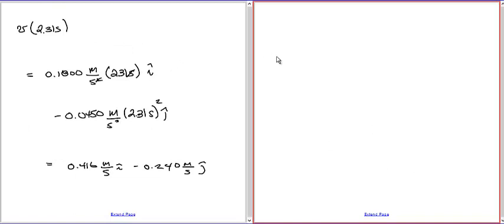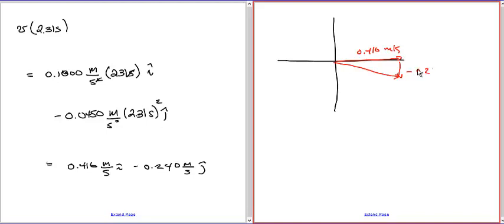Okay, so let's draw that vector, just sketch it. It's going to have a positive x component and a negative y component, like that. So the x component is 0.416 meters per second, and the y component is negative 0.240 meters per second. And this angle is theta, which should be 30 degrees. If I take the inverse tangent of negative 0.240, that's opposite over adjacent.